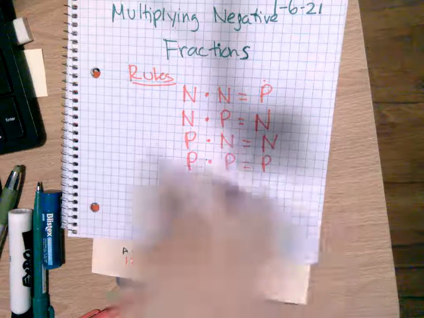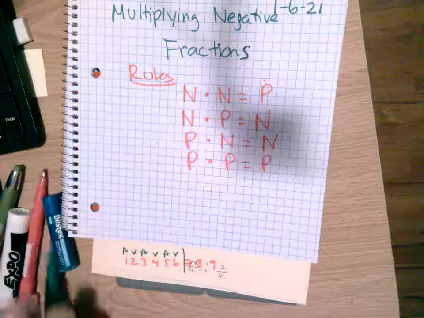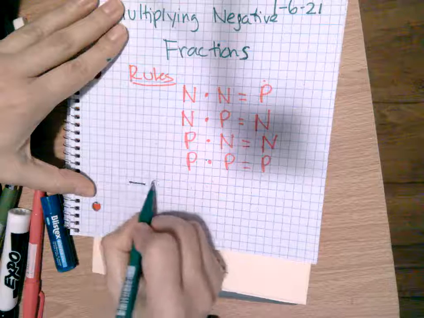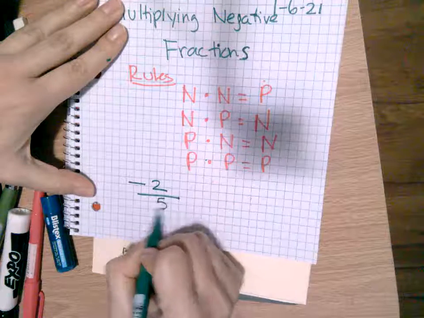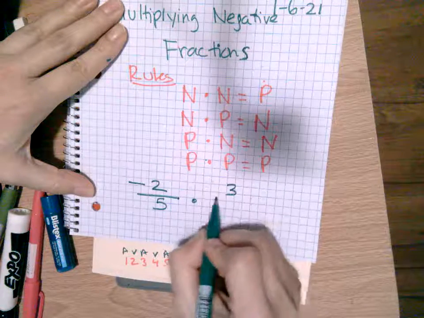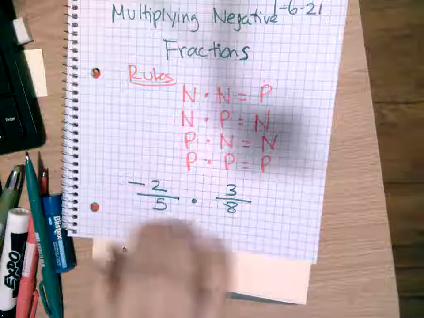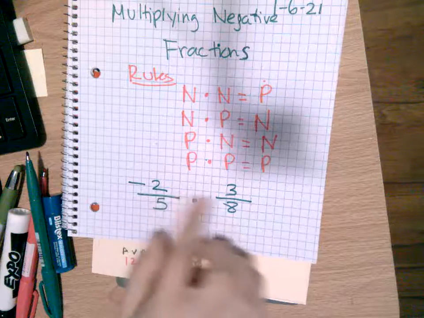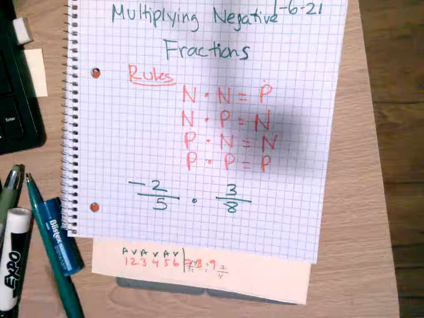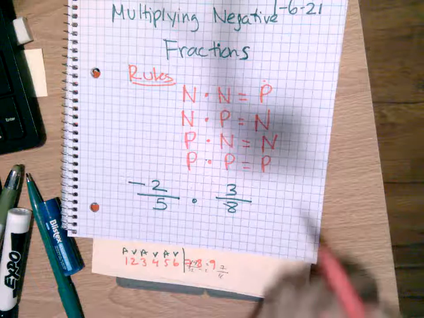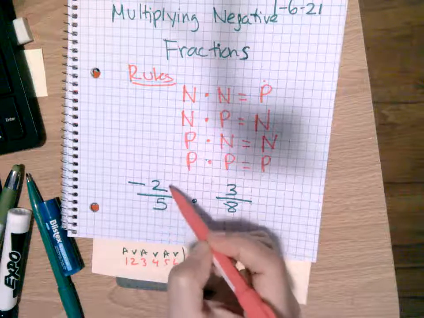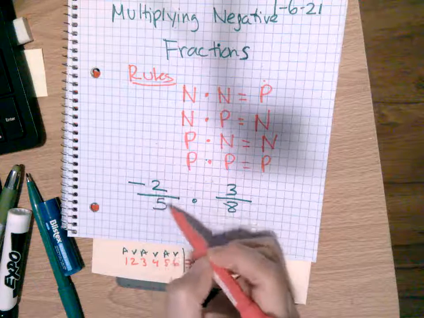All right, so let's do a problem. Negative 2/5 times 3/8. Now, before we start looking at the fractions and doing the math with the numbers, let's just look at the type of fractions that we have. The first fraction, is this a negative or a positive?